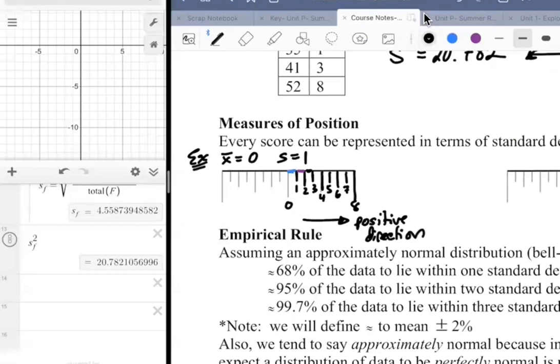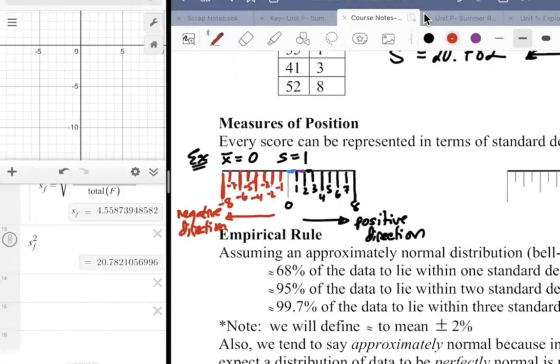So I'm taking 1, 2, 3, 4, 5, all the way up to 8 steps in the positive direction, but I could also go in the negative direction. So 1, 2, 3, 4, 5, 6, 7, 8 steps. So I label that -1, -2, -3, -4, -5, -6, -7, -8.